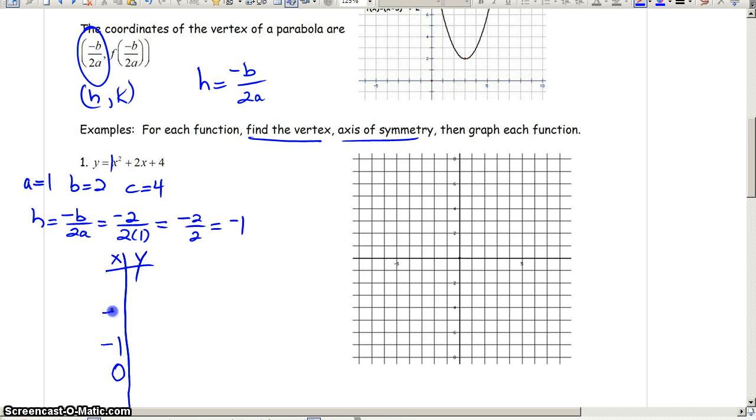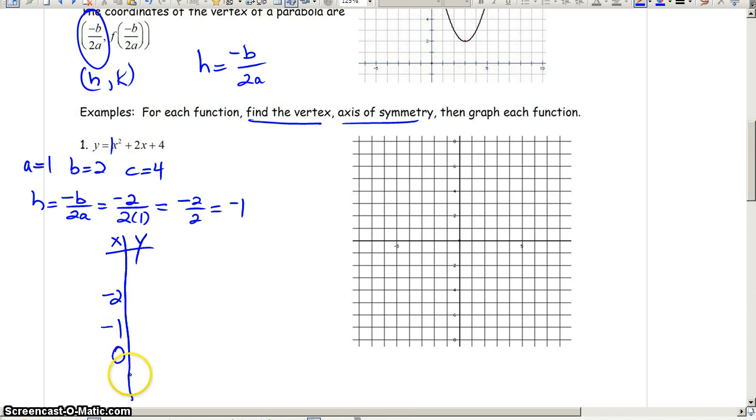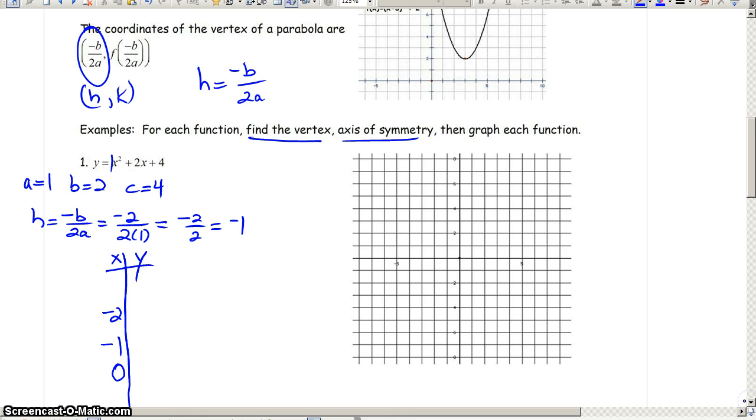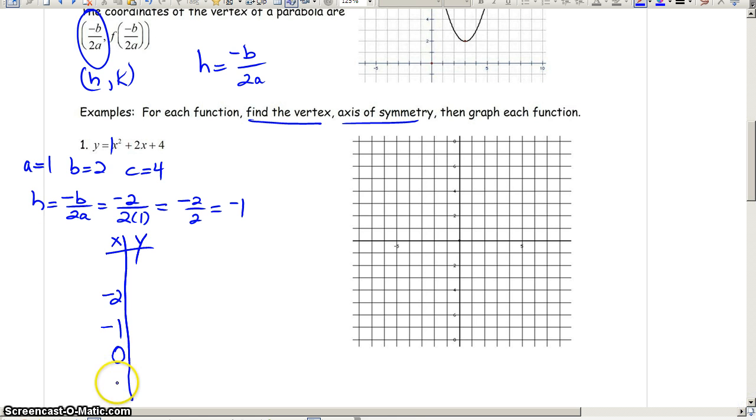Get one step smaller than negative 1, or subtract a 1, and you'll be at negative 2. Likewise, we could also get one step bigger than 0, and one step smaller than negative 2, we'll be at negative 3. If you fill in this table, you're going to be in real good shape. You will have a graph that would quickly be able to be plotted.